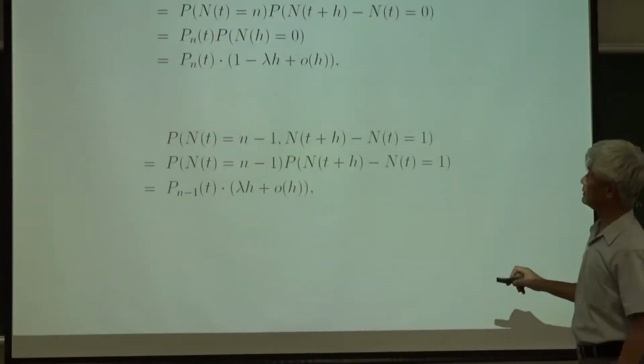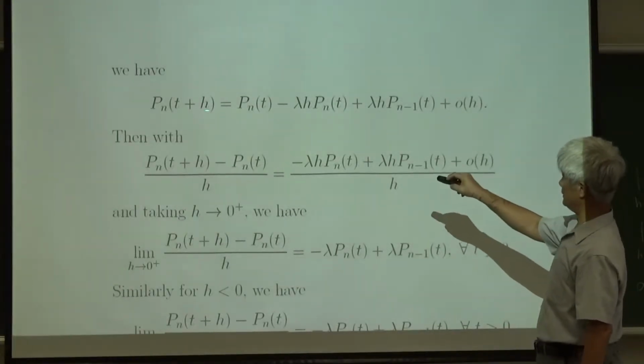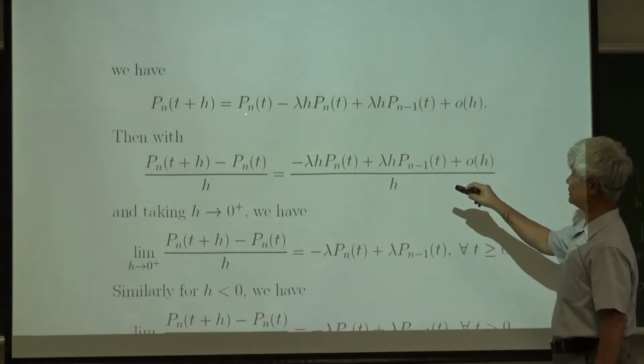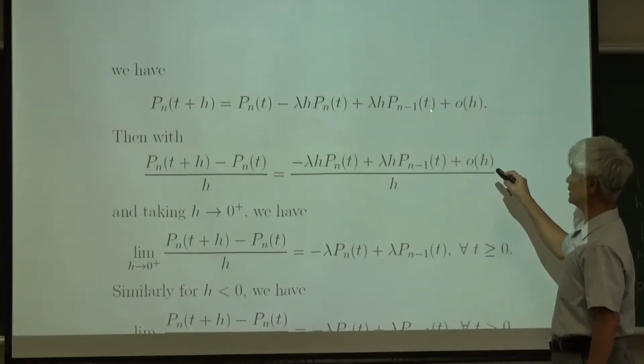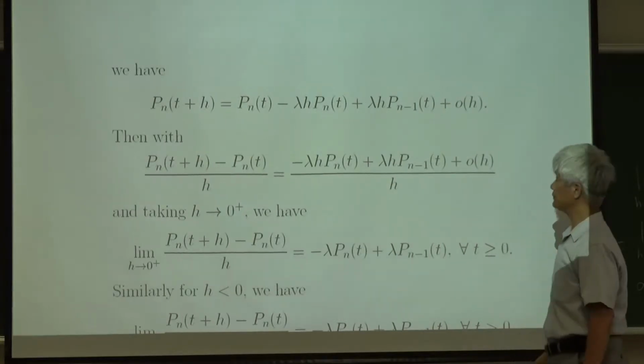The result is that we end up with an equation: Pn(t+h) is equal to Pn(t) minus lambda h Pn(t) plus lambda h P(n-1)(t), plus a little o of h function.